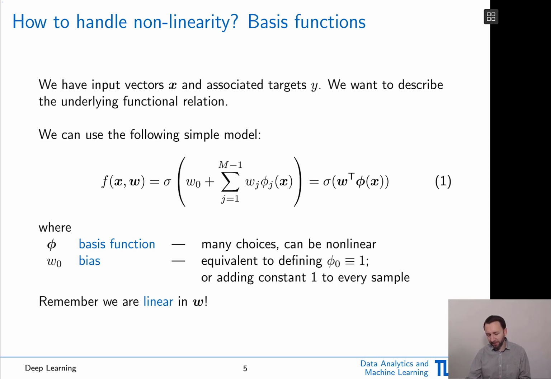And then we are multiplying this transformed data with our parameter vector W. So this is equivalent to what you learned already in the standard linear regression setting. And of course, what you see again is that this model is still linear in W, but it is no longer linear in X, depending on what kind of basis transformation you are using.